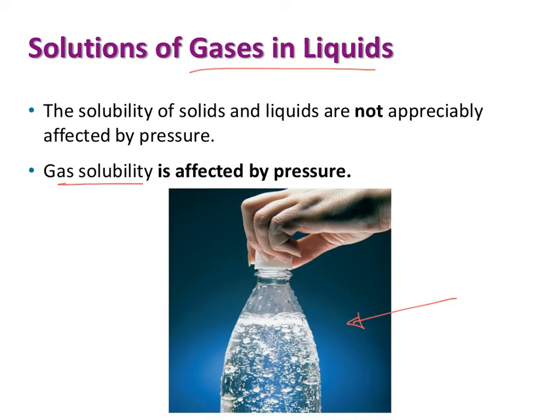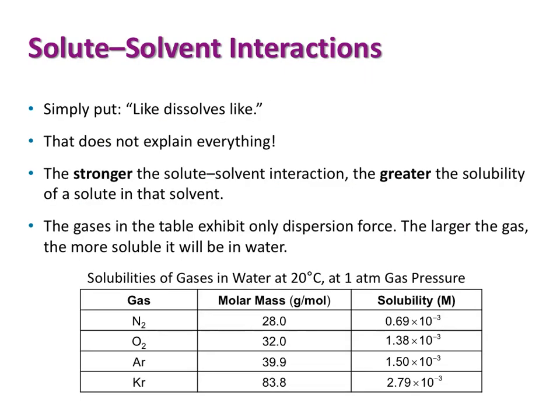Now, gases dissolved in liquids have a certain degree of solubility. This solubility is affected by pressure. What determines that gases are affected by pressure in terms of their solubility is the solute and solvent interactions. The simple answer for solute-solvent interactions is "like dissolves like," but it doesn't necessarily explain everything.